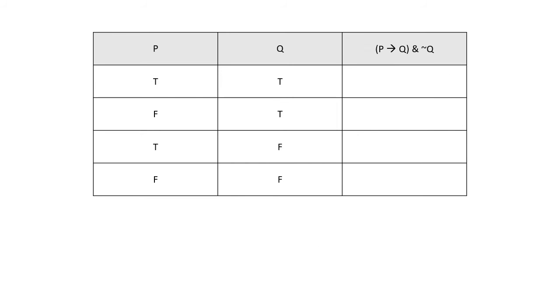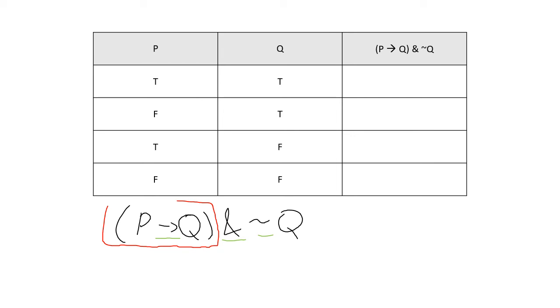In this problem, this is the first instance in which we've got three different operators. So we've got P arrow Q and tilde Q. We've got an arrow, we've got an ampersand, we've got a tilde. So we've got to determine what the main operator is. In this situation, I think it's easy to see that it's our ampersand because you have this as a left side, denoted by the parentheses.